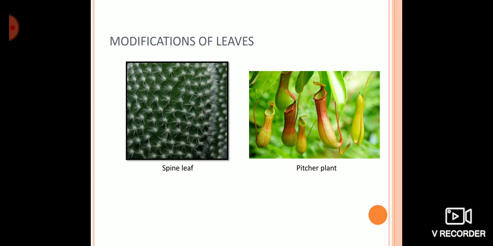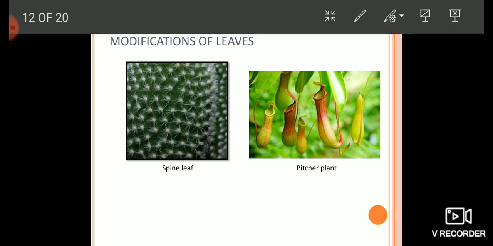In some plants, for example cactus, leaves are modified into spines. This is the cactus leaf which is modified into spine. This reduces the surface area of leaves and minimizes loss of water due to transpiration.